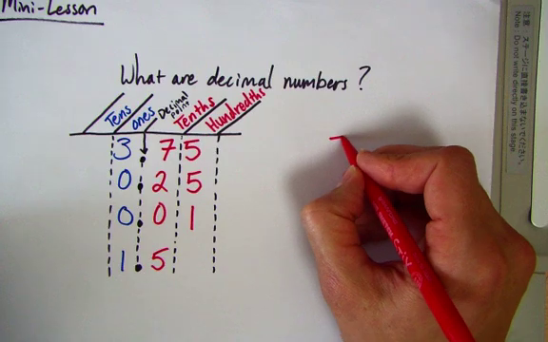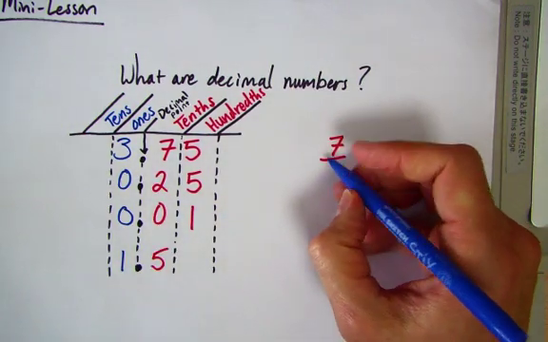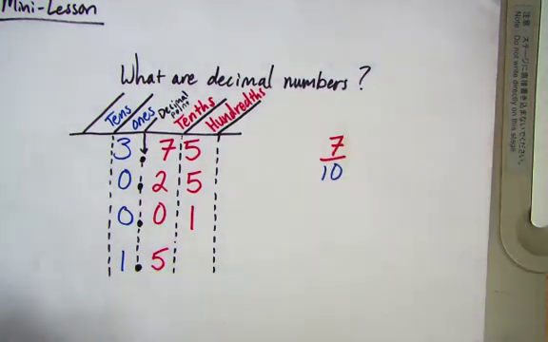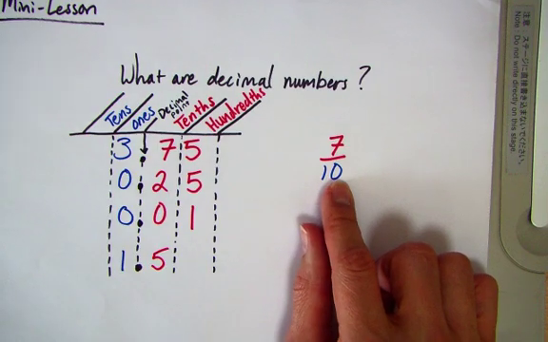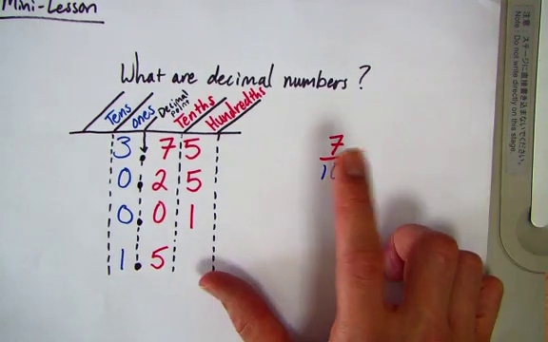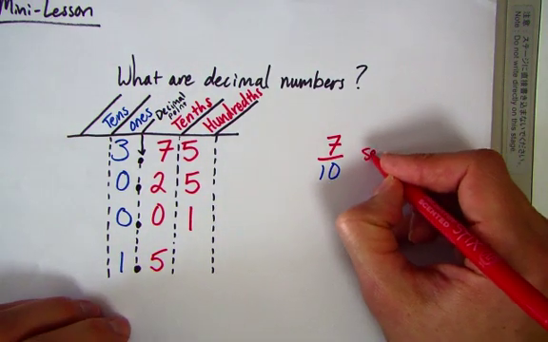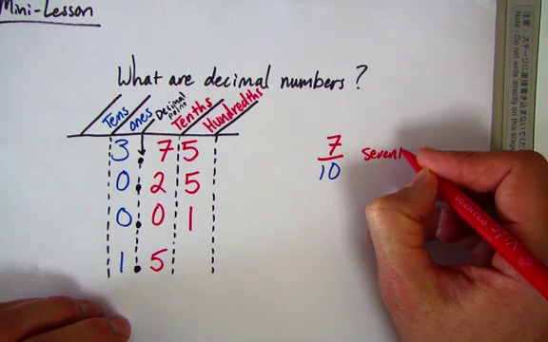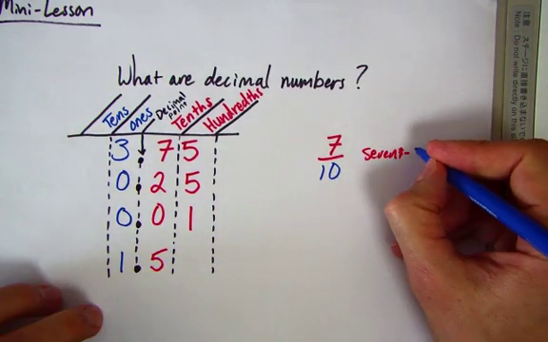Let me write 7 over 100. Or actually 7 over 10. This is a fraction you might have seen already, like, in your worksheets or something like that. But how do you say this? How do you say this fraction? And let me write it really quick. You would actually say 7 tenths.